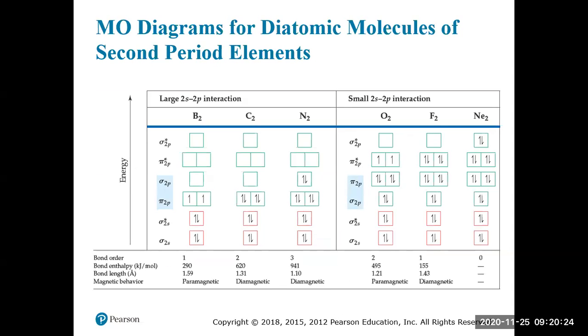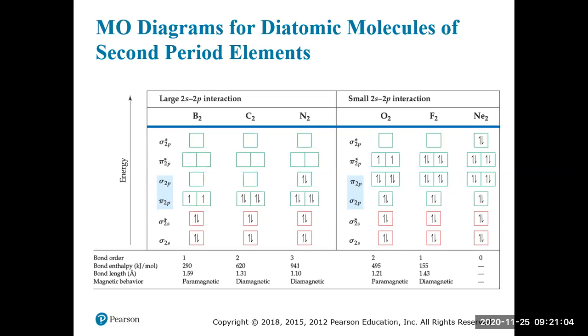So let's take a look at what this means when we look at some of the diatomic molecules in that second period. Remember, second period, we're talking boron, carbon, nitrogen on down the line. If we look at the first three, B2, C2, N2, we see there that the pi 2p is a lower energy than the sigma 2p, and that's because we have a larger interaction between 2s and 2p.